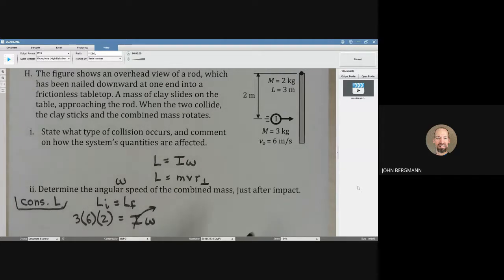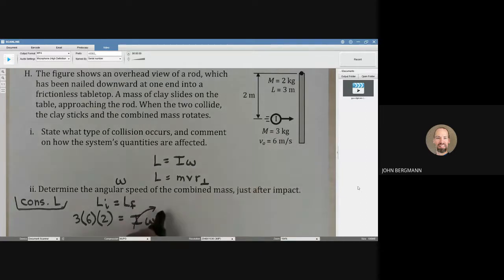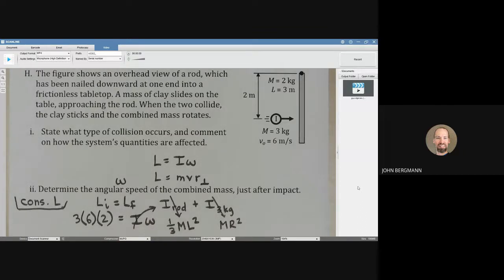I is the moment of inertia of this combined mass, which is the rod plus the 3 kilogram mass. For a point mass, the moment of inertia is m r squared. A rod rotating about its end has a moment of inertia of 1/3 m l squared. And that whole thing needs to be multiplied by omega.